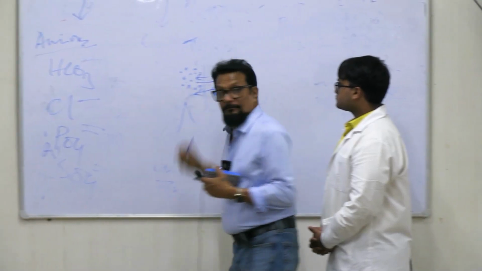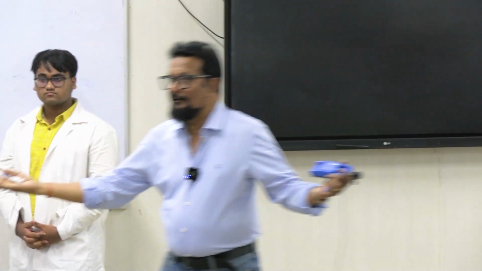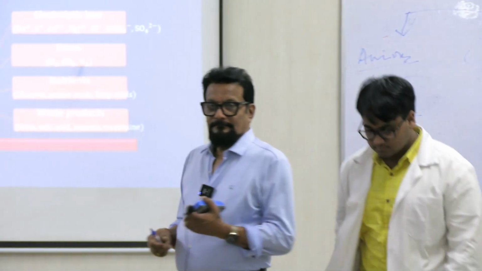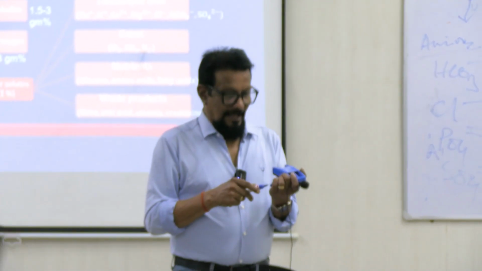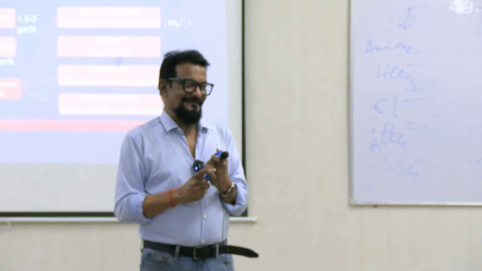The water will be going back. How much have you drawn? This much. So you send it back. So you will require a pressure. That is the osmotic pressure. Good. I think now you will not forget what is osmotic pressure.